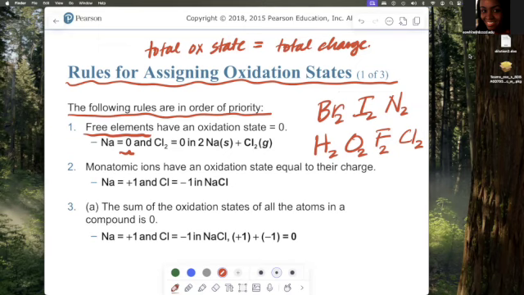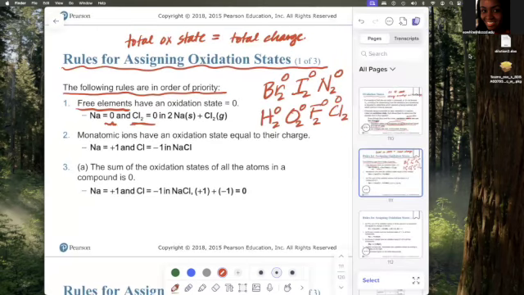So they have to be written like this for them to have an oxidation number of 0. If they're not written like this, the oxidation number is going to be something else, not 0. Okay, that's why they put that here. Once again, an element by itself. So we're giving the example here. Let's go back to the example of sodium and chlorine.